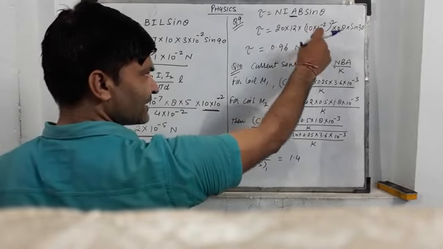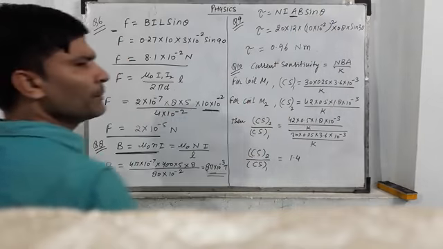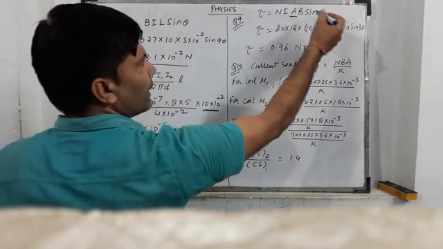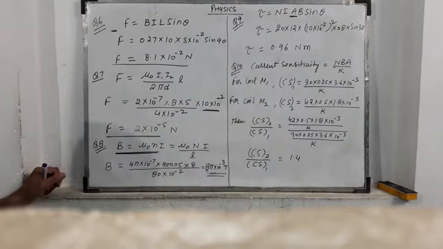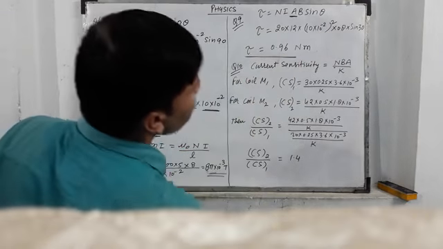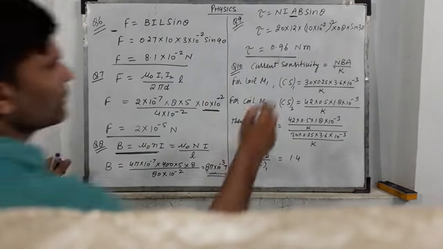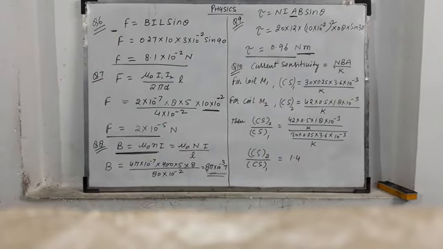Then side is 10 centimeter, convert it into meter, (10 × 10^-2) whole square. And B is 0.8, the angle is 30 degree. By calculating these values, the torque is 0.96 Newton meter.